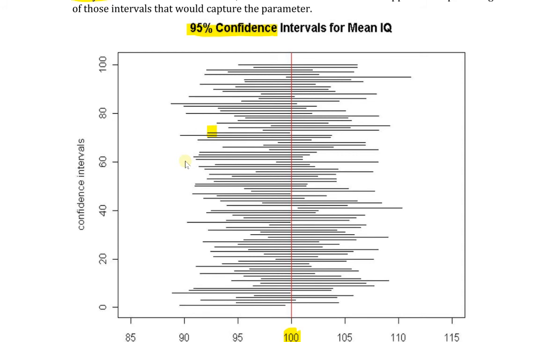So notice there are a couple of these confidence intervals that do not capture the parameter of interest, but 95% of them do. So our confidence level refers to the method we are using, not the actual interval, or not the values in our interval.